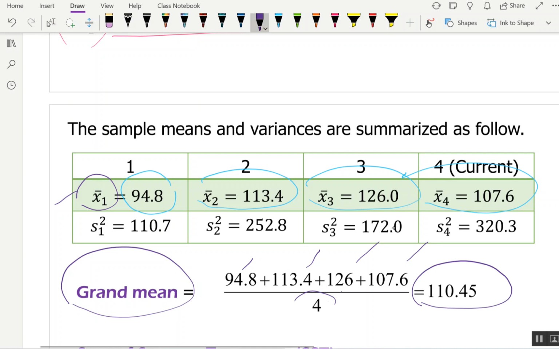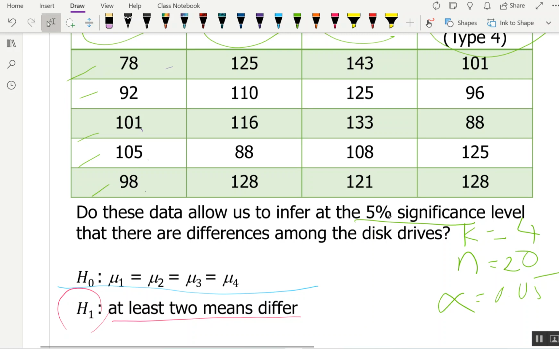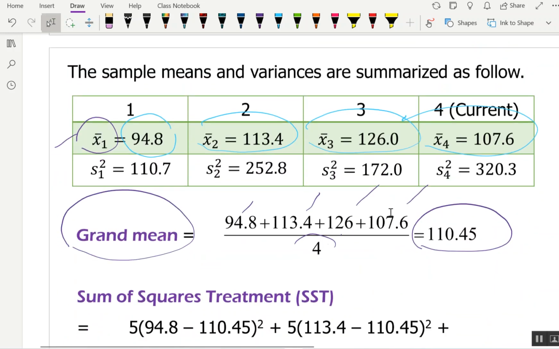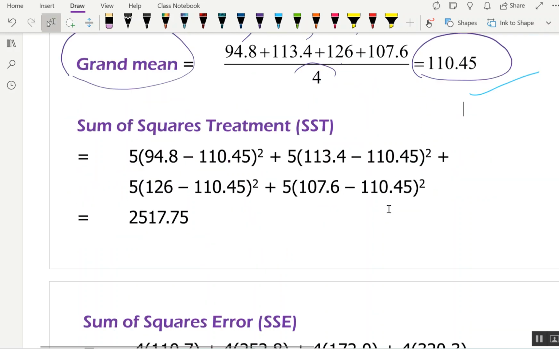This is what I was saying to you just now: you find this mean, this mean, this mean and this mean, and you take all of the means here and divide by all the groups involved. That is what the grand mean is all about. The grand mean is the mean of the sample means. Okay, settled here.